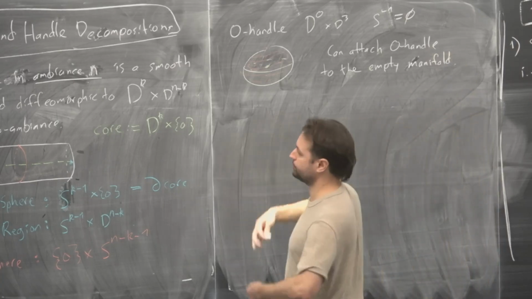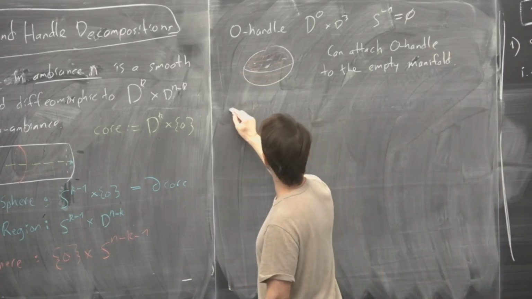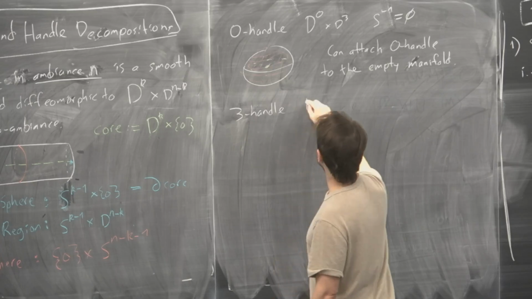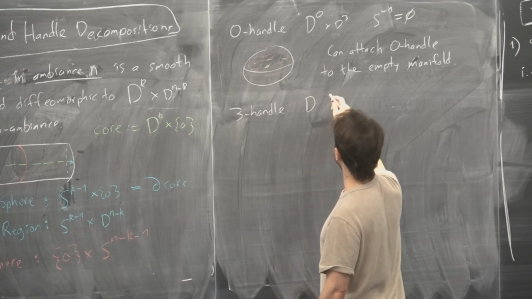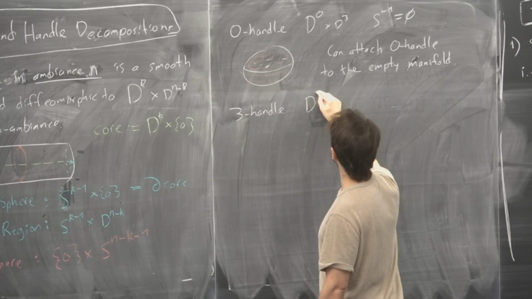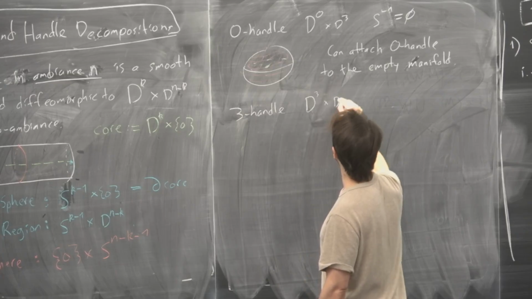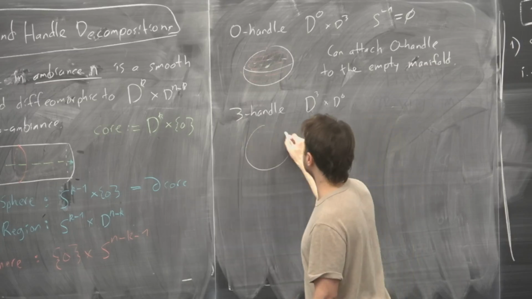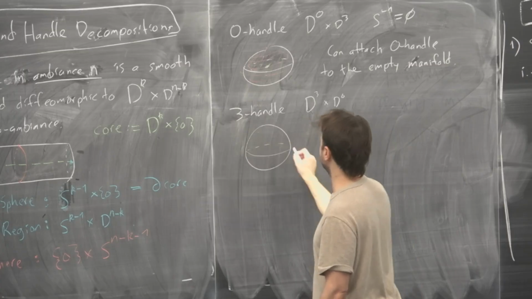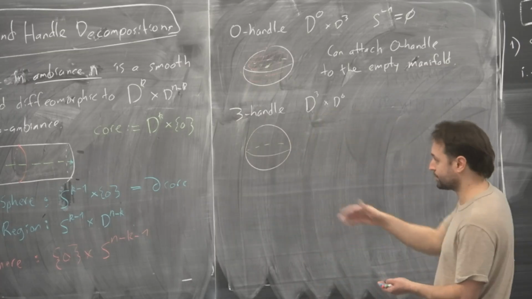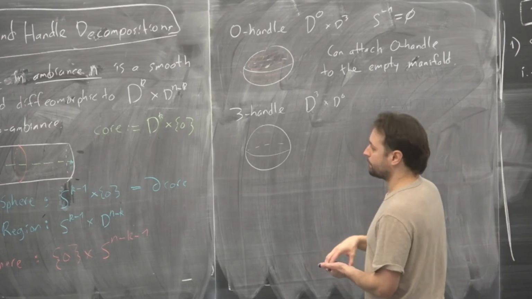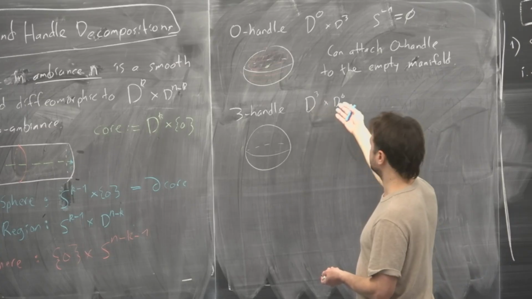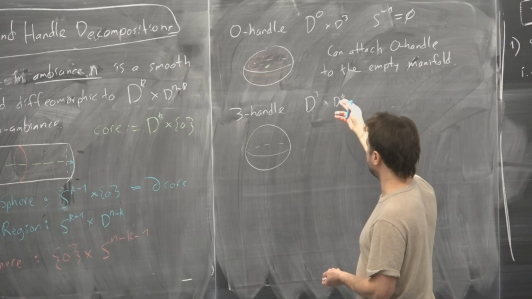Okay, and the dual picture, the extreme opposite end, is the 3-handle. Now the belt sphere is empty, so you can't attach anything to the 3-handle. It's topologically also just a 3-dimensional disk, but the spheres are arranged differently. So what is the attaching sphere? It's just S^2 cross 0.